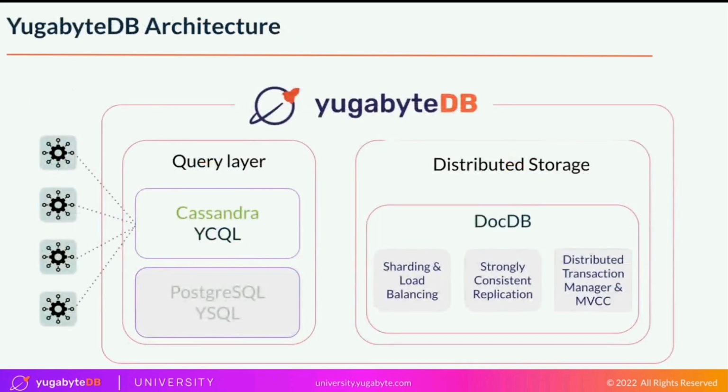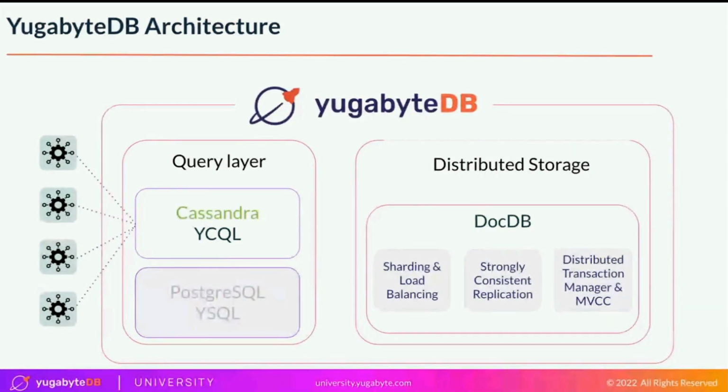So let's get some context of what the YugabyteDB architecture looks like. Here we have an example diagram. On the left side, we have our clients. Here we have microservices, but you can have a single client trying to connect to your database. And since we're talking about YCQL, the Cassandra compatible API, the clients connect to that query layer. From there, the YCQL layer will connect to our distributed storage layer, which is our DocDB. So remember, the query layer for YugabyteDB supports both the Cassandra API and the Postgres API.